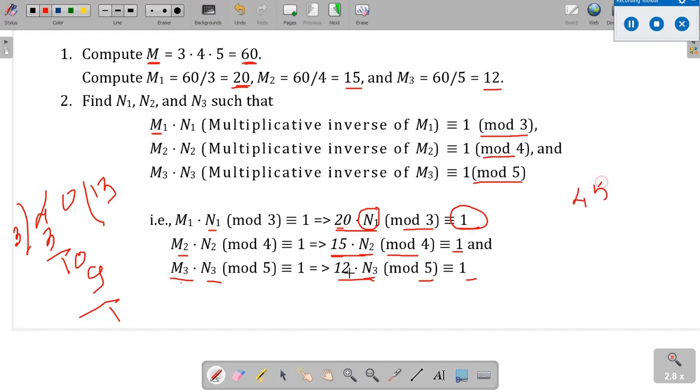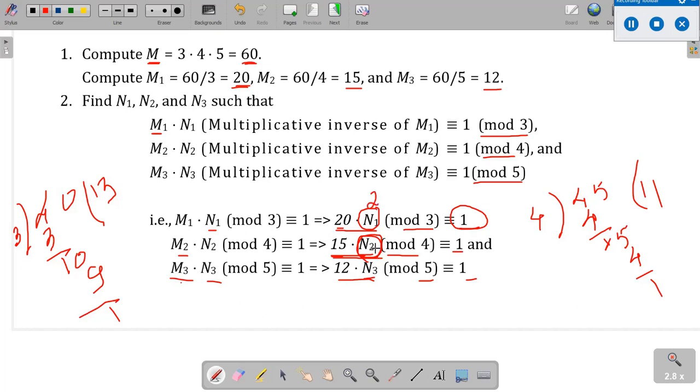And if we divide this 45 by 4, we get the remainder 1. So the value of n2 will be 3.